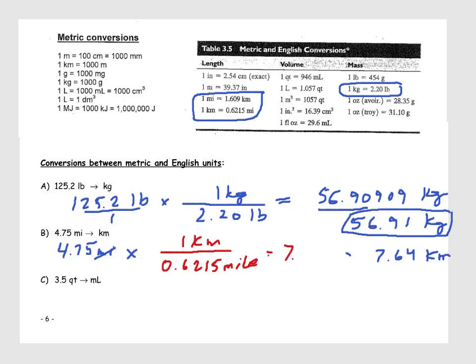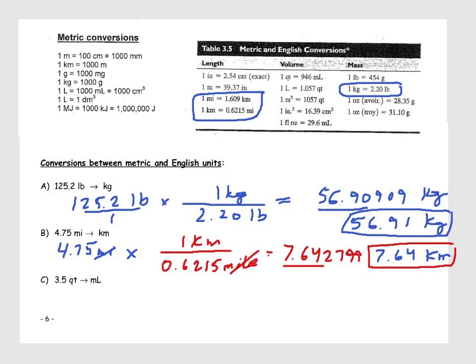You would have gotten 7.642799, which, when you round to 3 significant digits, gives you the same answer either way. Okay, so pick one conversion and go.